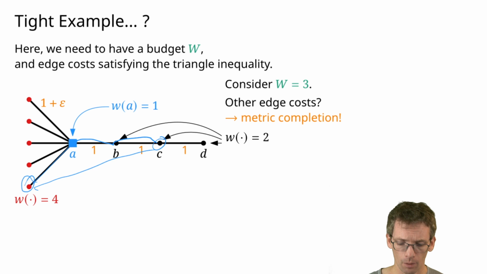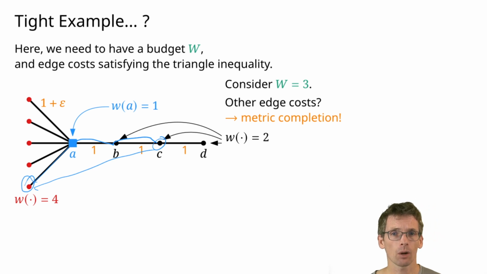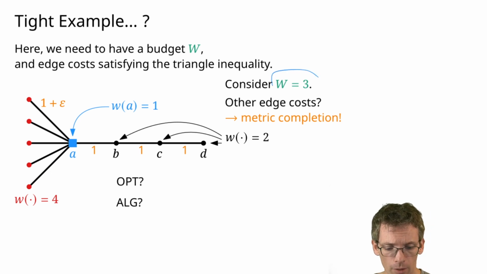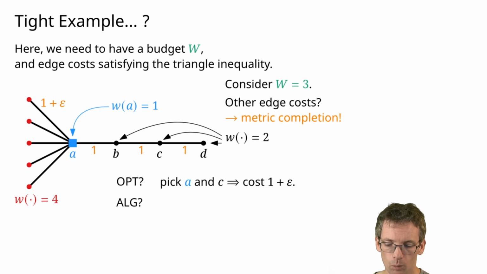Now, what is the optimum and what does the algorithm return? Our budget is 3. The optimum would be the following. We pick A and C, and then the cost is 1 plus epsilon. What would the algorithm do?